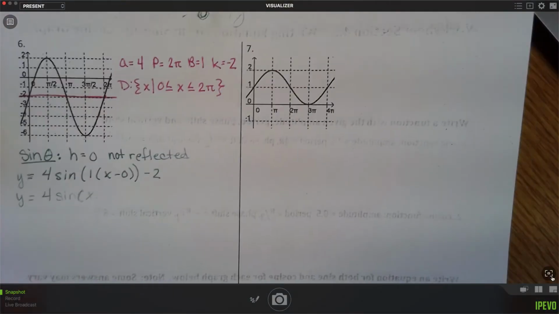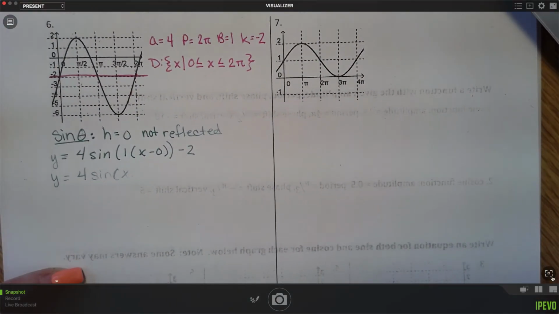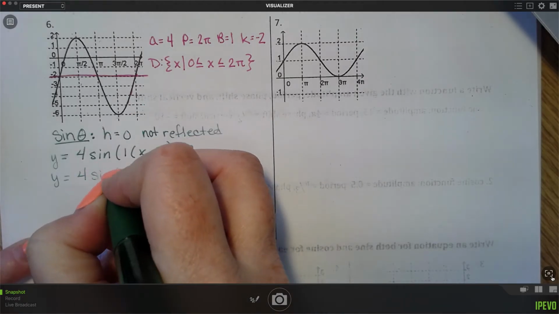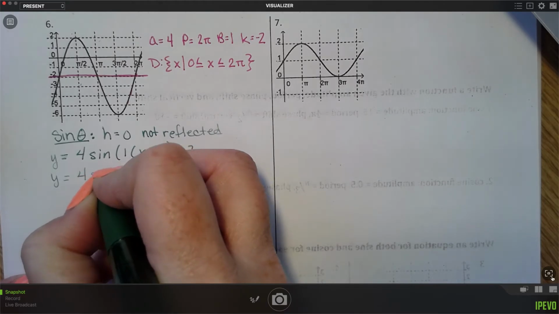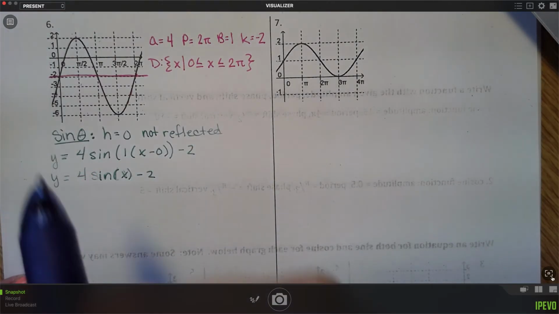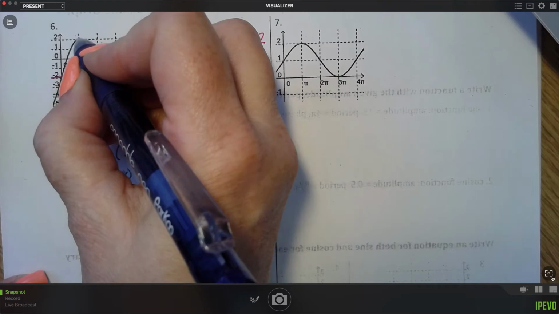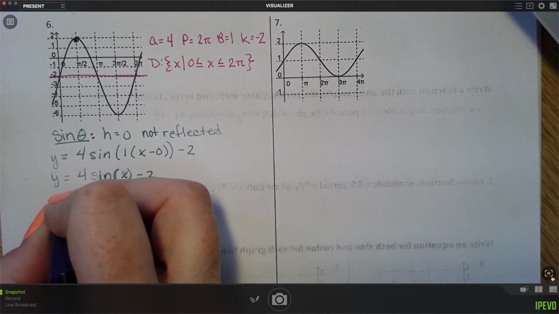Wait, for the cosine reflex, you have to go down. Where's the closest cosine? The first would be pi over 2. Yep, it'd be pi over 2. So is that reflected? Nope.